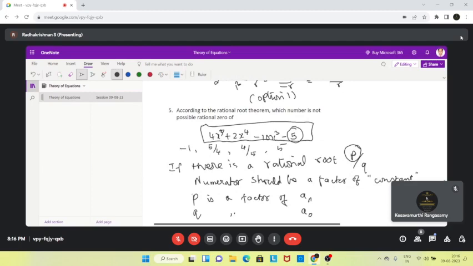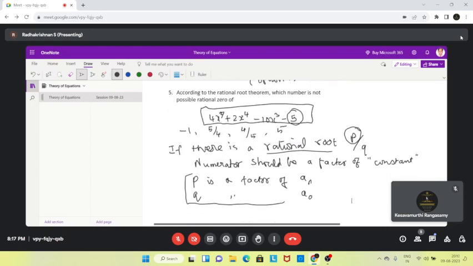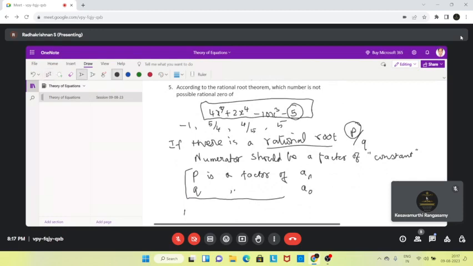So it doesn't say that there is a rational root, but if at all there is a rational root, it should obey this condition. So what are the possible roots? The possible values of numerators are plus or minus 1, plus or minus 5.